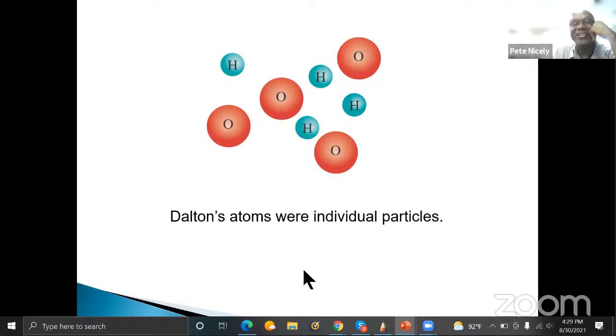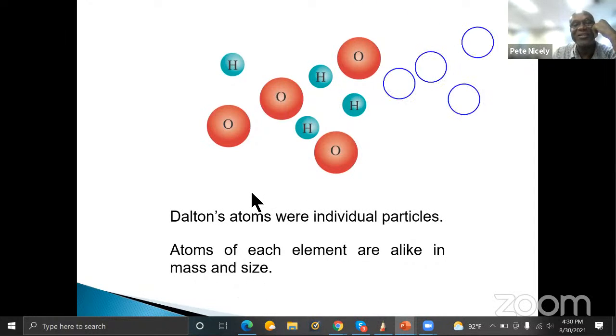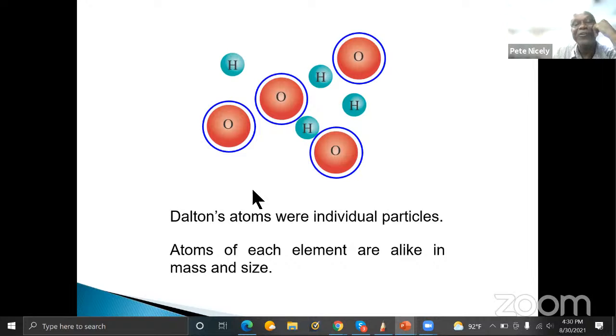And what we're looking at here are diagrams which further explain what we just covered. According to Dalton, atoms are individual particles, and atoms of each element are alike in mass and size. So if you were to look at oxygen atoms, they'll look exactly the same. And if you were to look at the hydrogen atoms, they'll look exactly the same in terms of their mass and size.